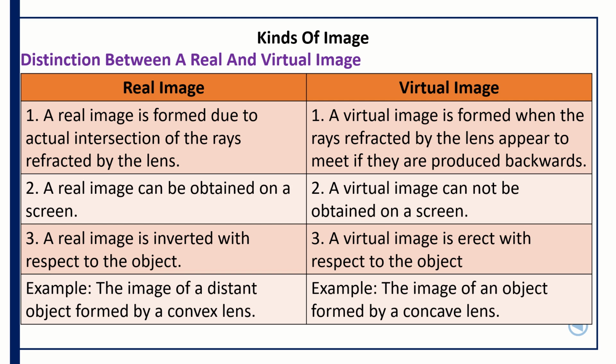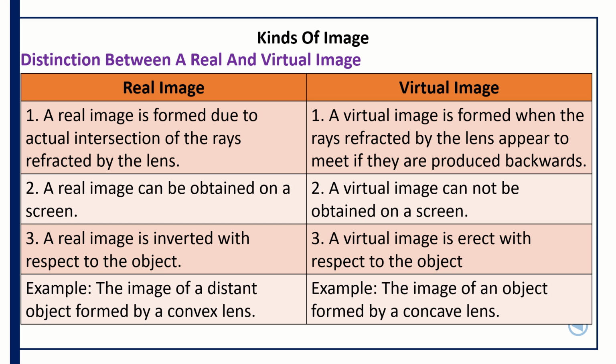A real image is inverted. Whenever a real image gets formed, it will be inverted with respect to the object. What do you mean by inverted? It is upside down, right? If the object is at one position, then the real image formed will be upside down of the object.